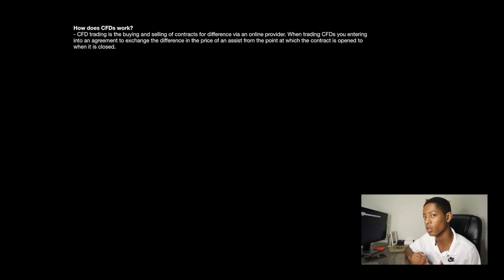So when you go into CFDs, you can speculate that this is going to rise in a given time frame, whether short or long, and make a profit from that. You can buy, and when it does rise, you can close the contract whenever and make a profit. If it went down, obviously you're going to close with a loss.